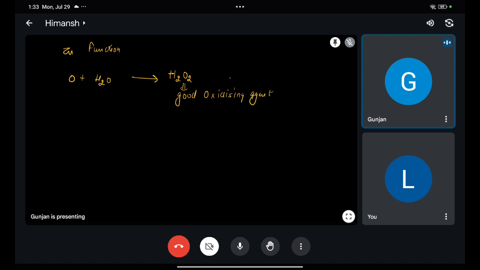So it will basically convert that aldehyde to carboxylic acid. Is it clear or no? Yes, ma'am, clear, ma'am.